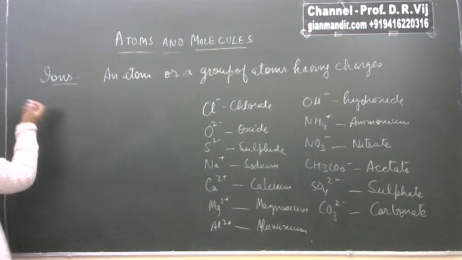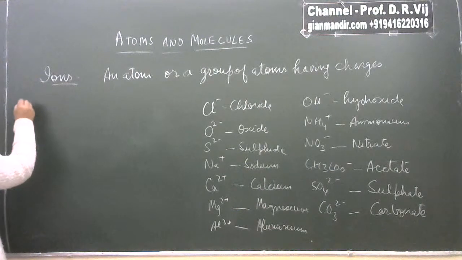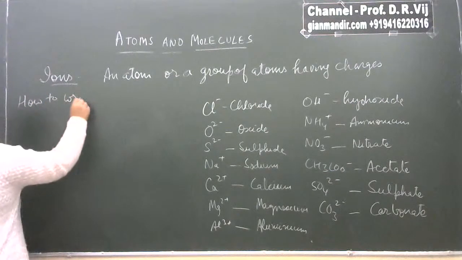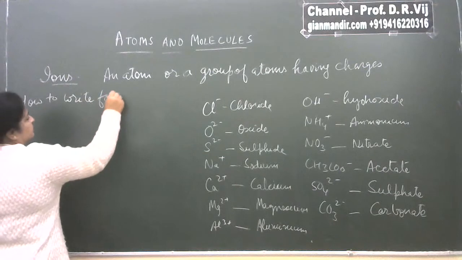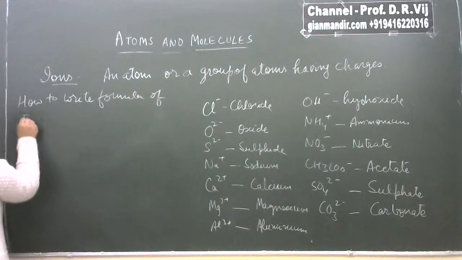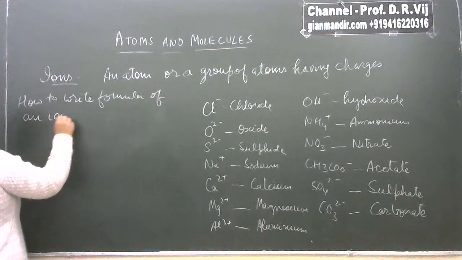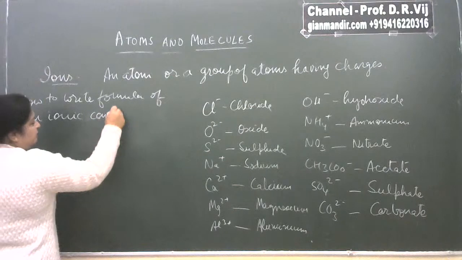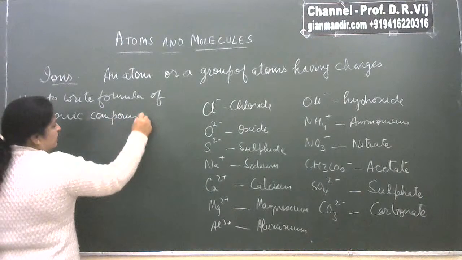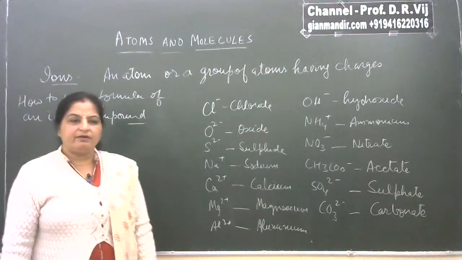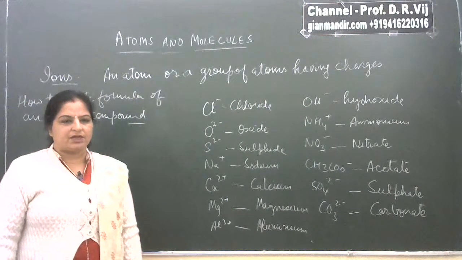So if we want to write the formula of an ionic compound, first of all you must remember all the names of such ions with their respective symbols and charges.